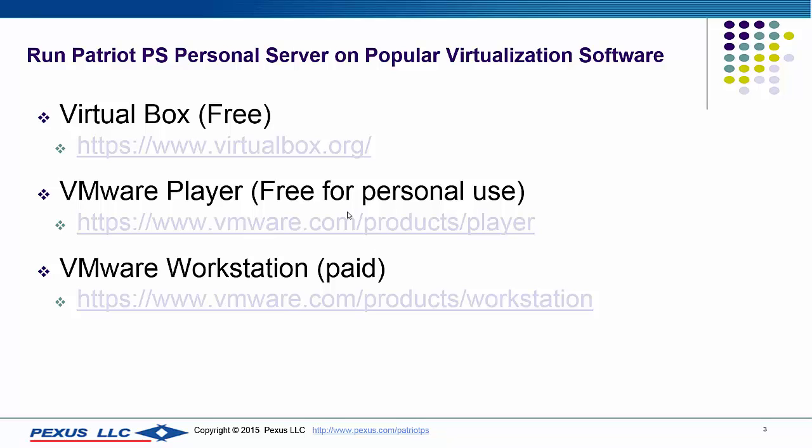VMware Player from VMware is also available for free for personal use, and the VMware Workstation is a paid software. I will not go into the pros and cons of these. You can check these out yourself from the respective website. For most home and personal use, the first 2 will suffice and are known to be quite stable to run your personal server software.